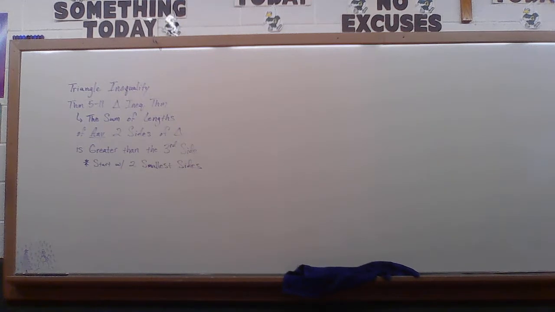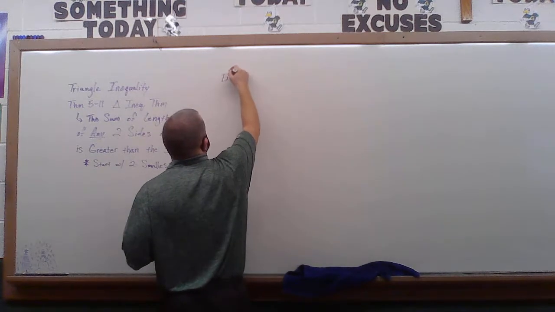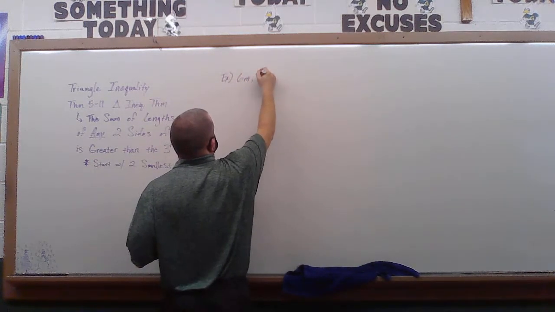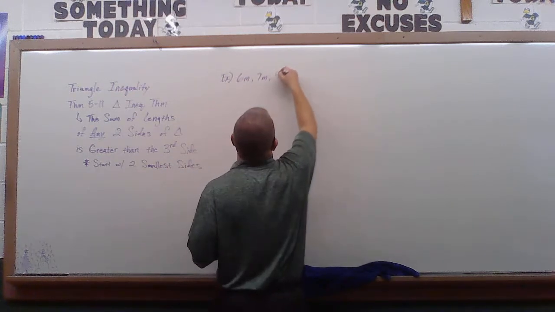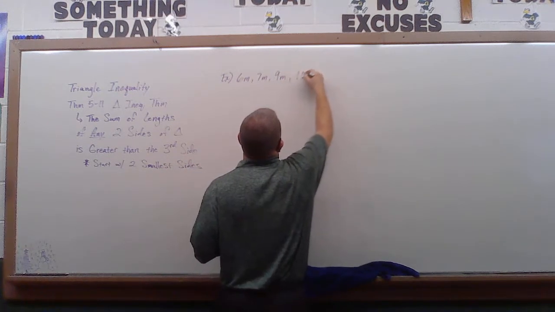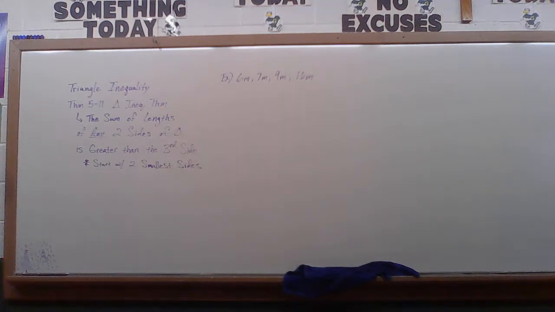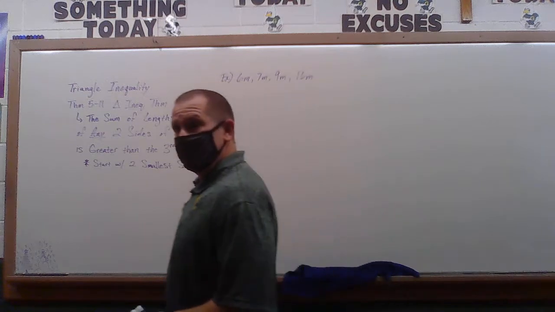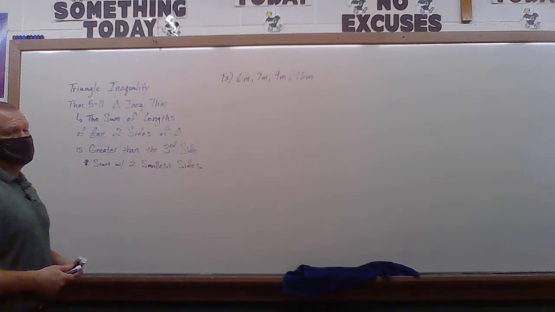So, you have pieces of tubing that are 6, 7, 9, and 16. Okay? How many different triangles can I make? So if I look at this, if I add up two of the sides, is it bigger than the third?